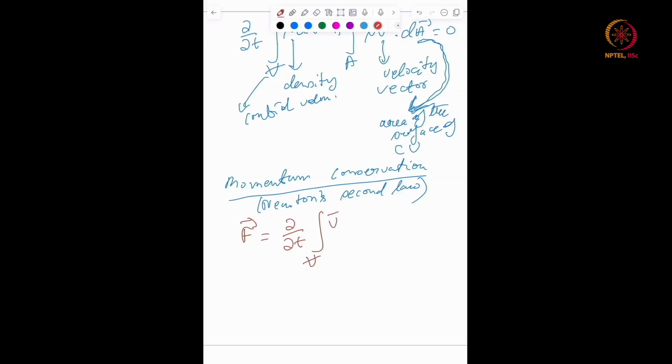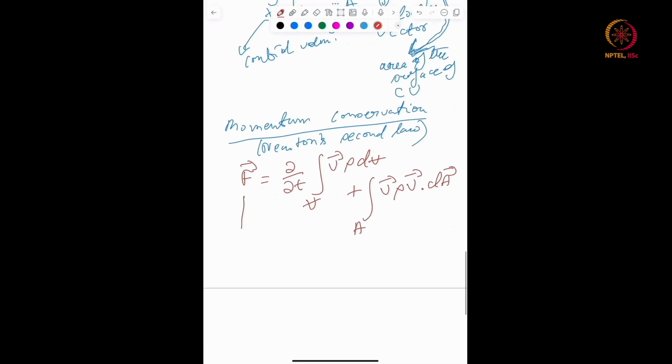Volume V O volume plus integrated A rho V bar, where F is the net force, net external force. Because Newton's law, remember, it is F is equal to ma. F is the net external force acting on the control volume.